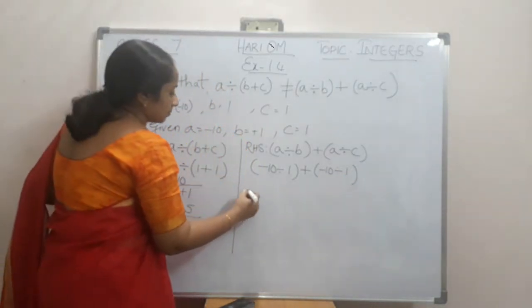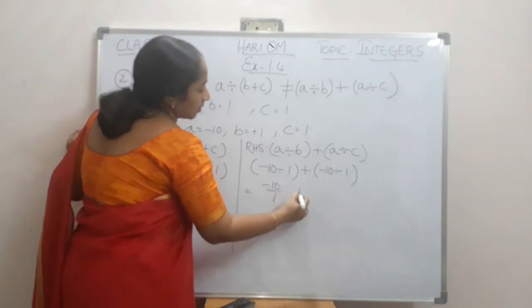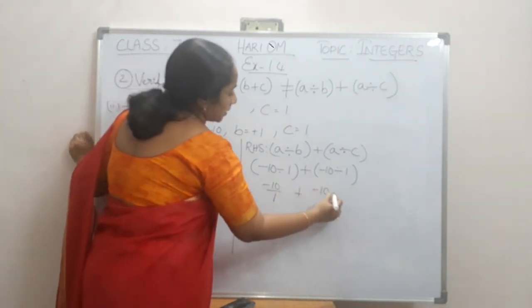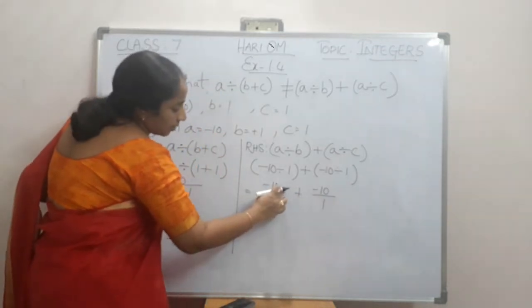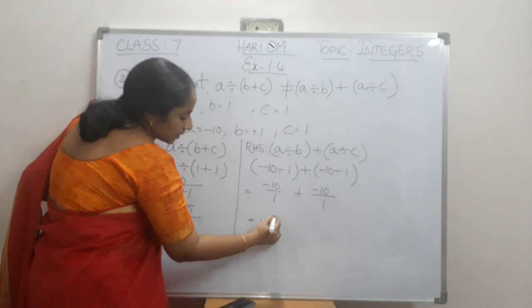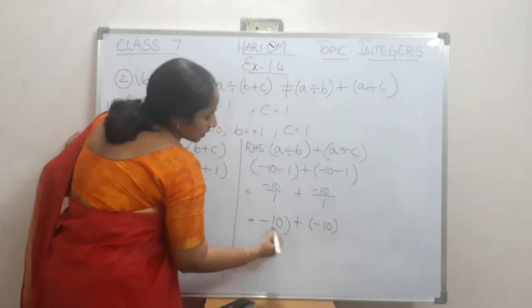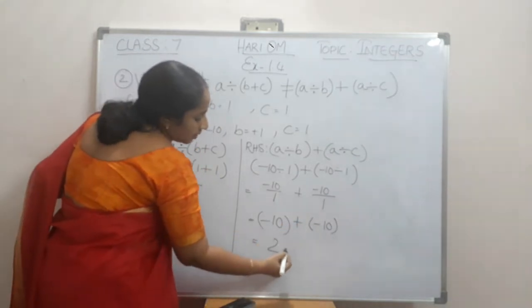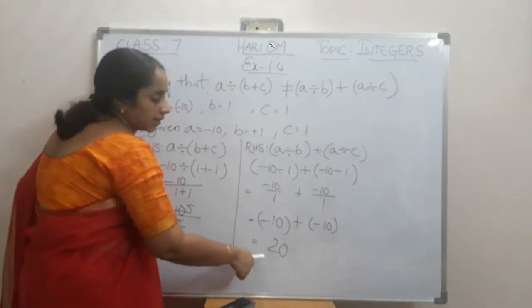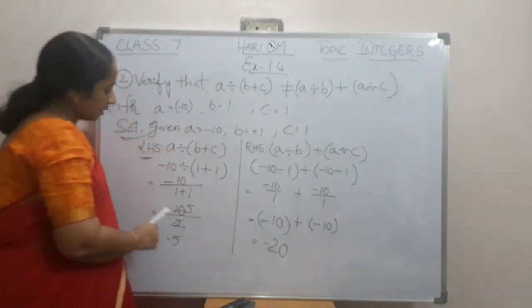Minus 10 divided by 1 is minus 10 only, and here also it is minus 10. Both have the same signs, so we add. By adding we get 20, with the same sign, so it is minus 20.